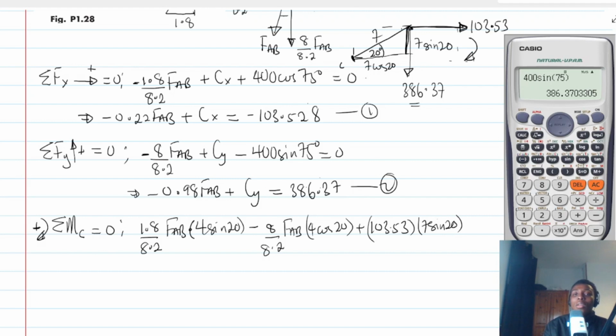But for the y component, about C, that one is also going to be clockwise. So it's going to be 386.37. Then I multiply this by 7 cosine 20. This is equal to 0. So let's solve for FAB.